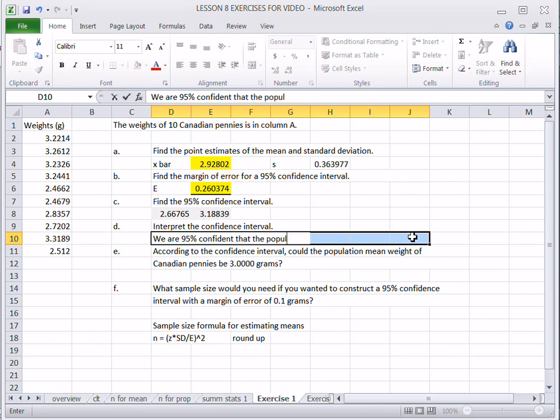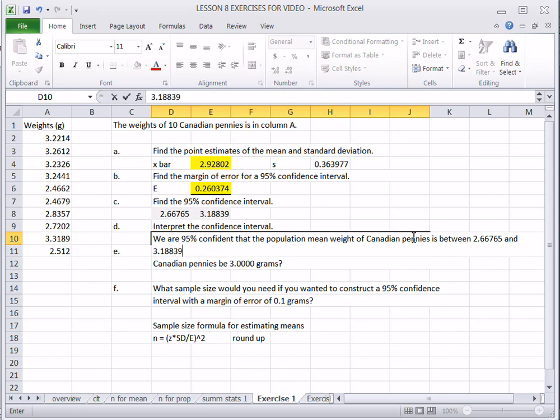That the population mean weight of Canadian pennies is between 2.66765 and 3.18839 grams. Okay, so this is the interpretation.